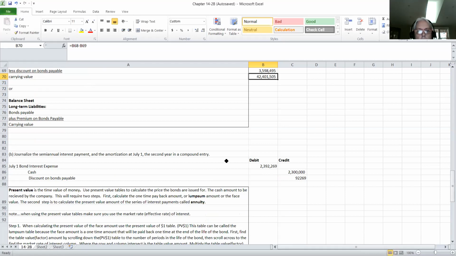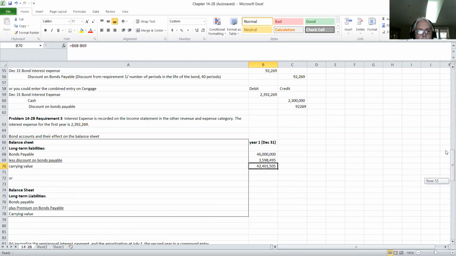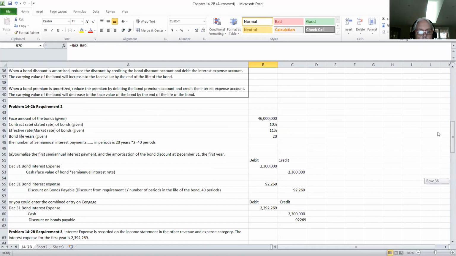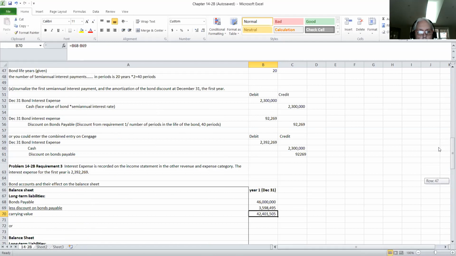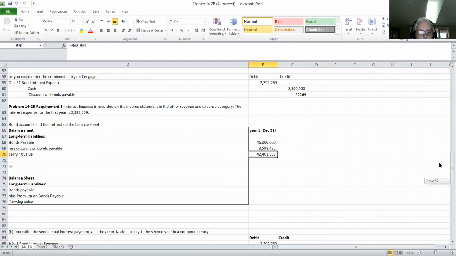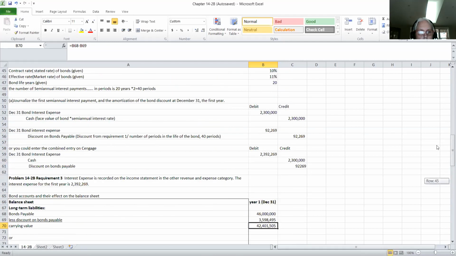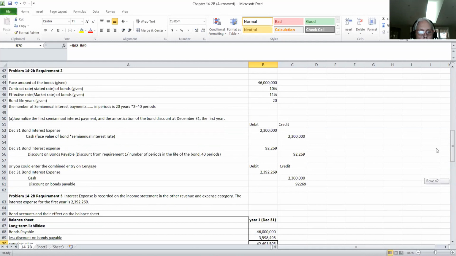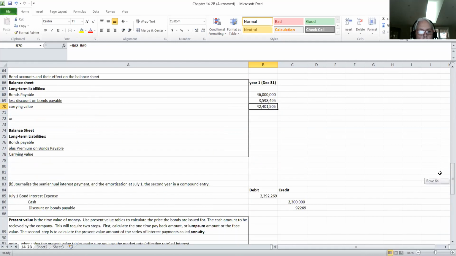Now, in Part B of problem 14-2B, requirement 2, there's a Part B category. They want you to do another amortization entry and a semi-annual interest payment entry, just like we did earlier. The only difference is this is at July 1st.